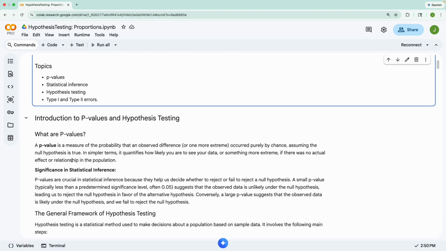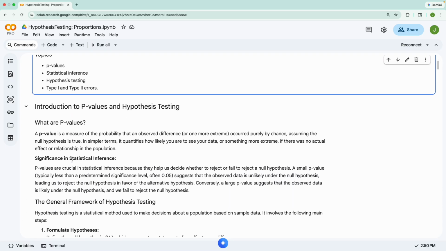Okay, so a p-value is the probability of an observed difference, and it's an evaluation of the claim of the null hypothesis that the difference occurred due to random chance.